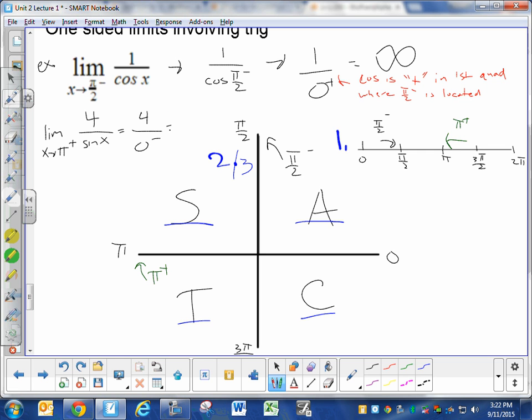So this is negative infinity. The key is that negative sign. I put that negative sign there because sine is negative in the third quadrant, where pi from the right is located.